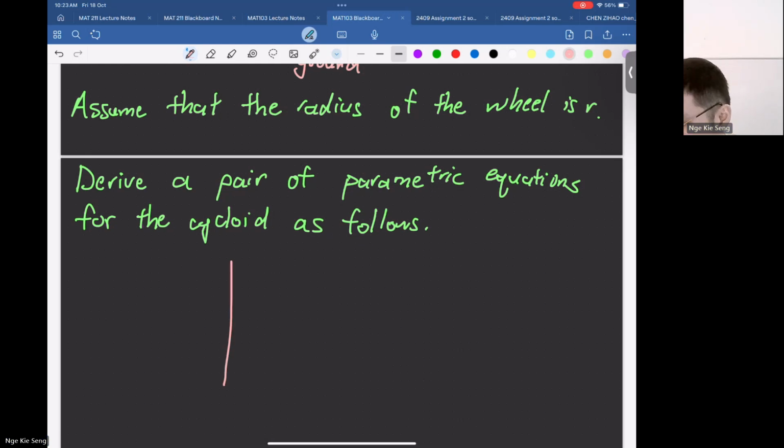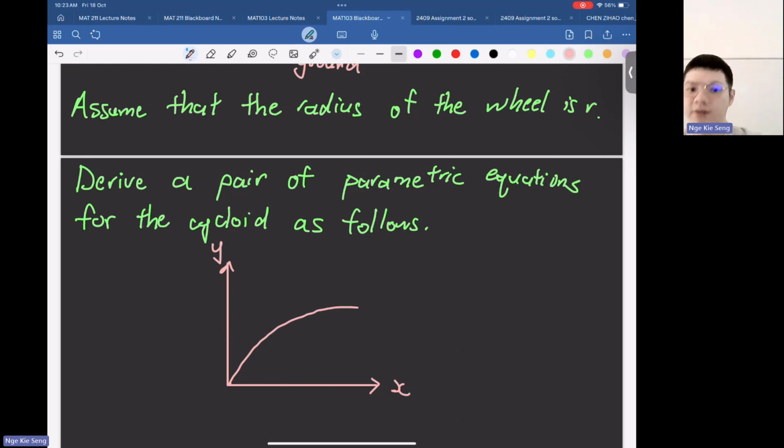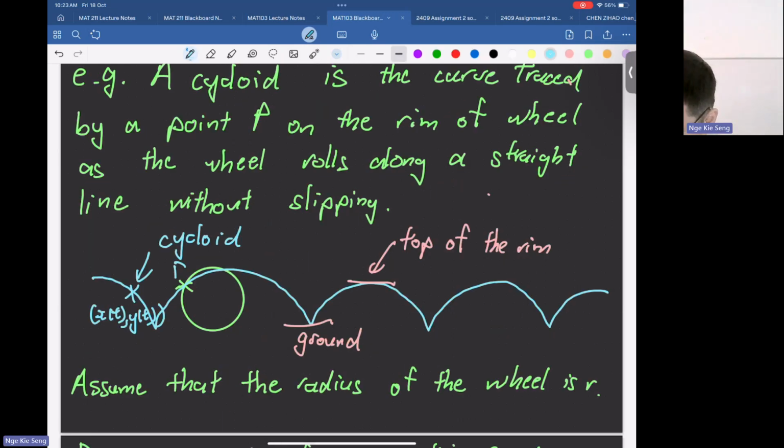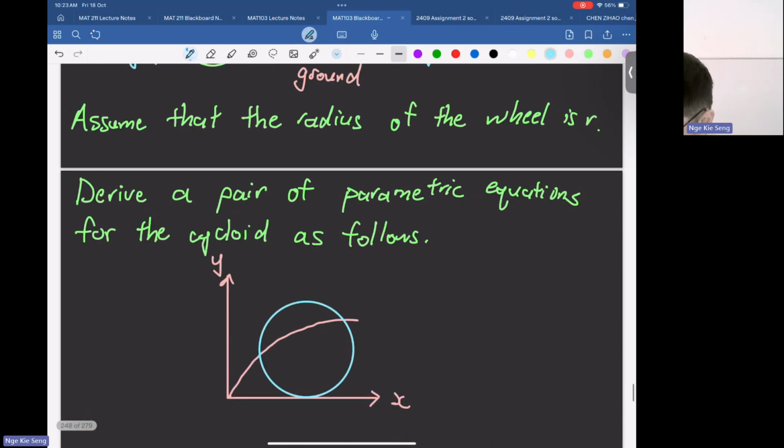So let's give ourselves an xy axis first. Let's look at a small part first. So where's the small part? Let's look at when you start from the ground and then go to the top, for example, and get your rim ready. For example, I call the point P. If the point P is here, what do I need to figure out?